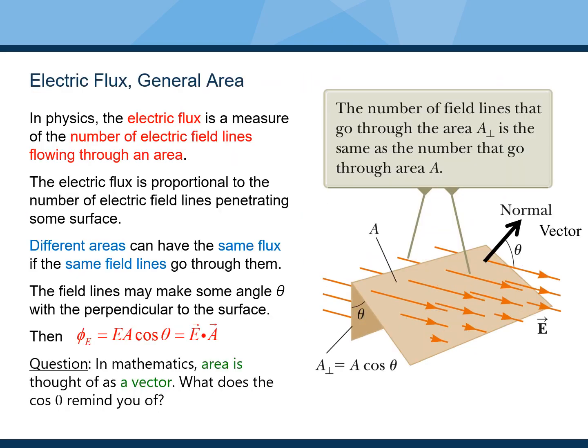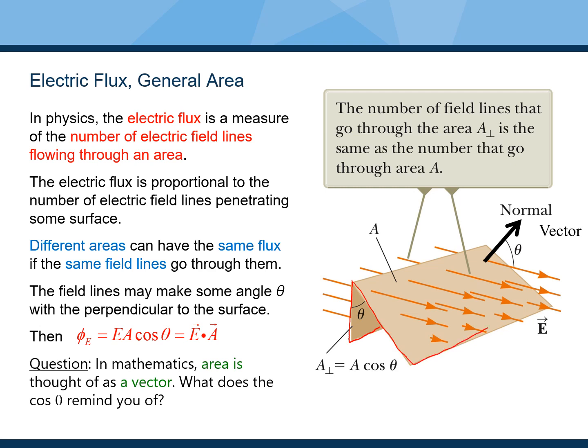So here we have a situation where we have, again, electric field lines, but we have two possible surfaces. We have the vertical surface, which is the surface shown out here, and we have the oblique surface, which is this surface shown out here.